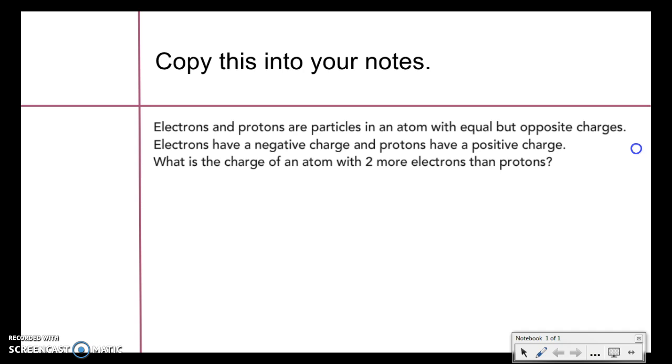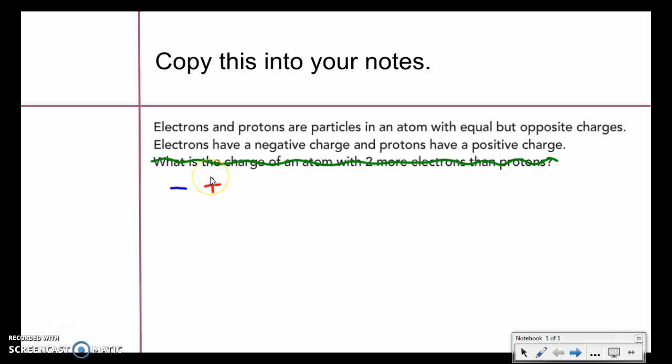So, before we answer that part of the question, let's forget this for a second. Okay? We have electrons, which are negative, maybe that blue, and protons, which are positive. If you were to have one negative and one positive of the same type of charge, they are going to undo each other.